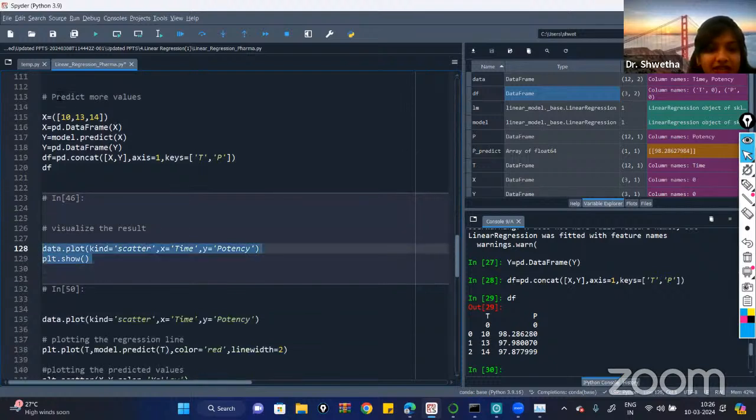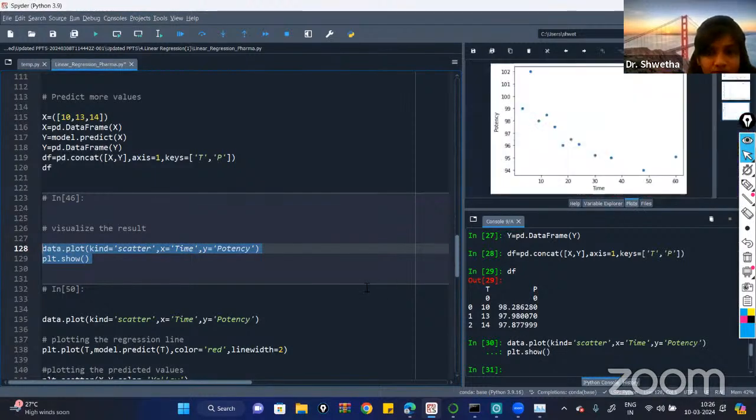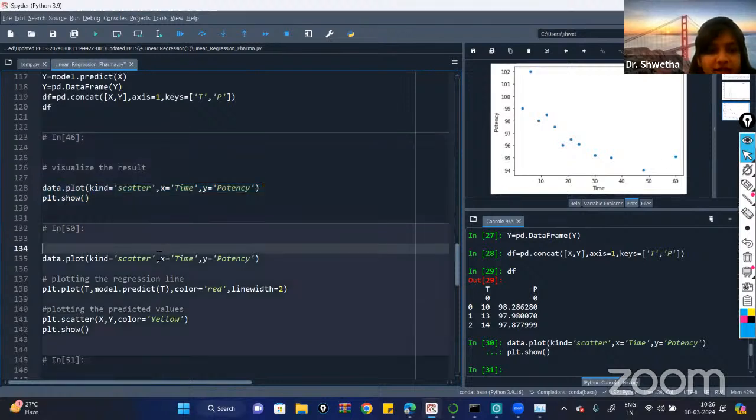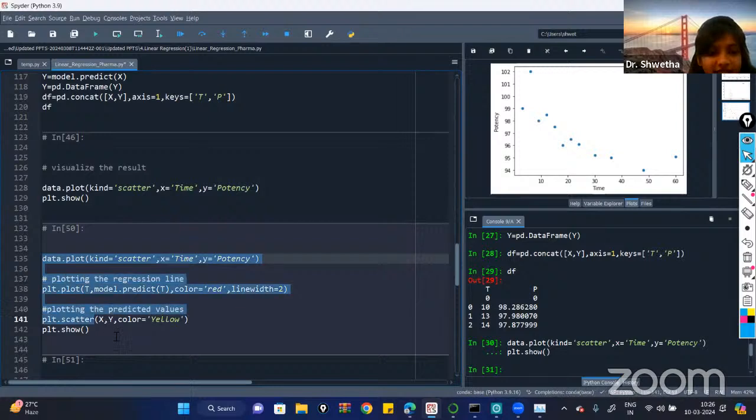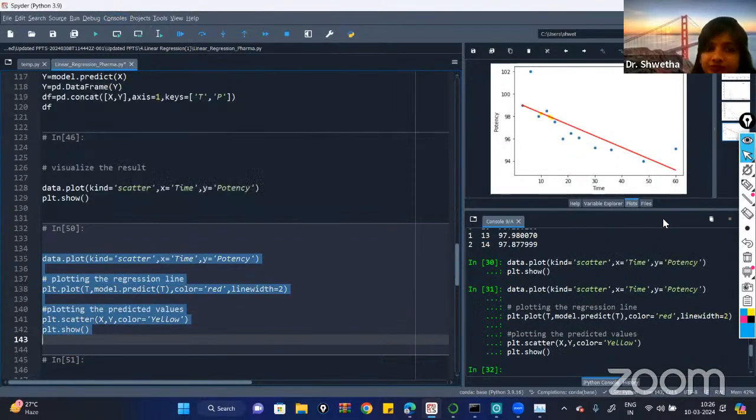Next, we can visualize this with the help of a scatter plot. This is the original data. Next, we can go for prediction data. Now, these were the original data points in our data frame, the blue ones. And the model predicted this straight line.